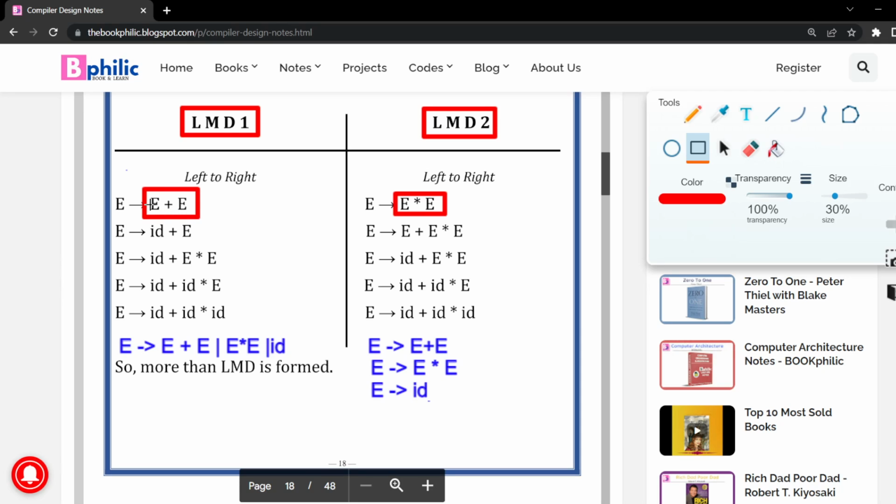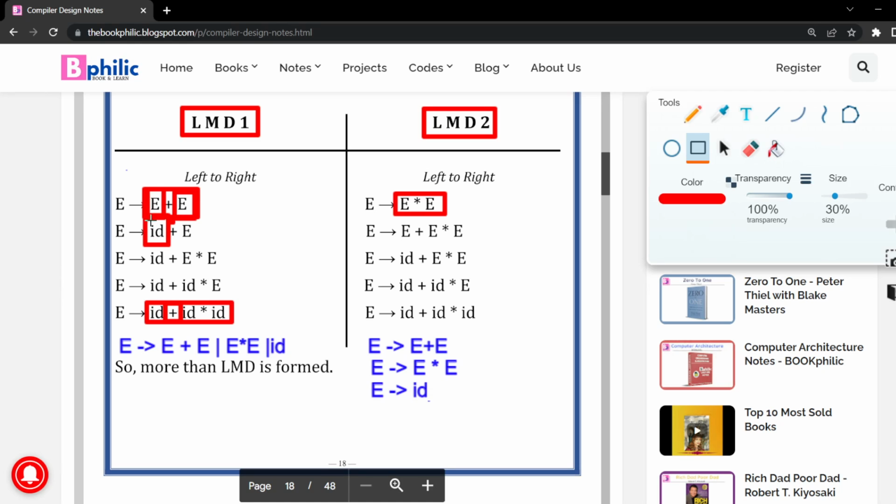That's why we have to derive this capital E at first, because it is at the leftmost side, and at last we have to derive this capital E. So what our syntax is, that is ID plus ID star ID. So to get the plus symbol, at first we have to derive capital E directly into ID, because if we derive capital E into E star ID, then the plus symbol will come at the last position, which we do not want to happen.